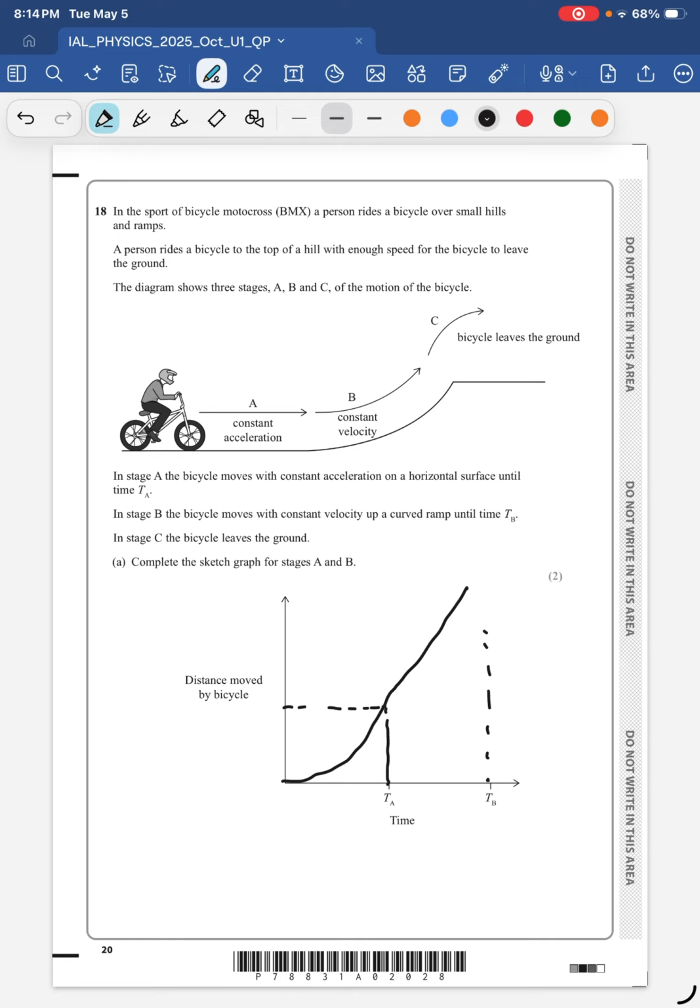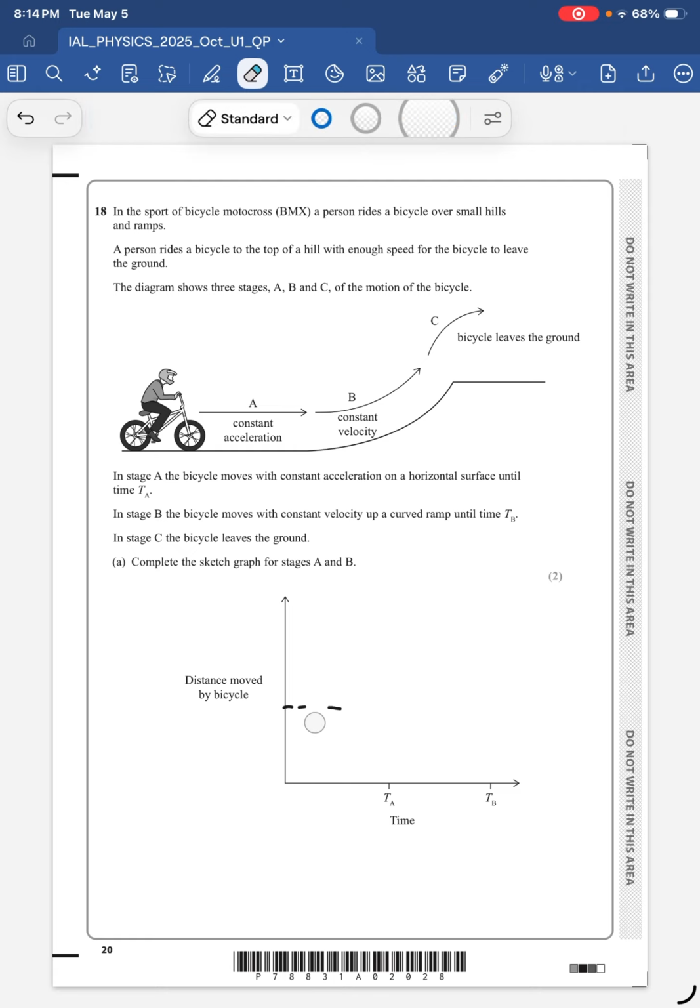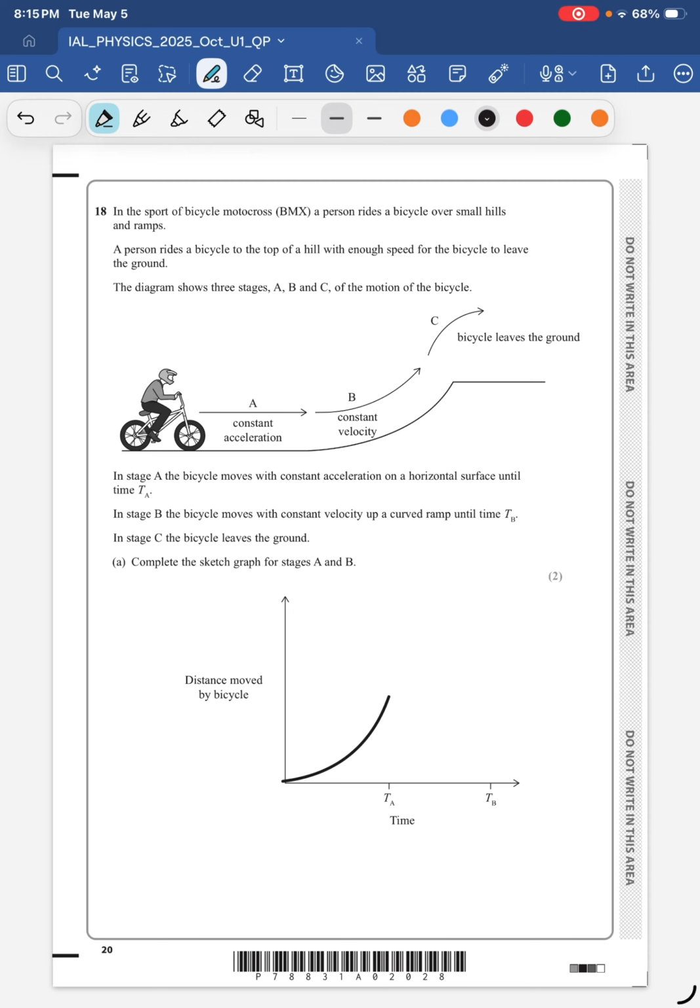Let me raise this and try to make a better graph. So we have a parabola up to ta, okay? And then whatever the gradient of that parabola was is going to continue until tb.